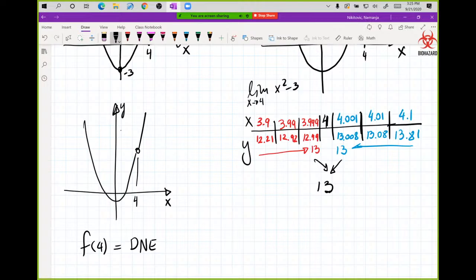It has to say does not exist because the y value is not there. So when you go from 4, you stretch up, it just passes through the point, never bounces towards the y value. In this case here, the limit of x squared minus 3 as x goes to 4 would still give you 13.